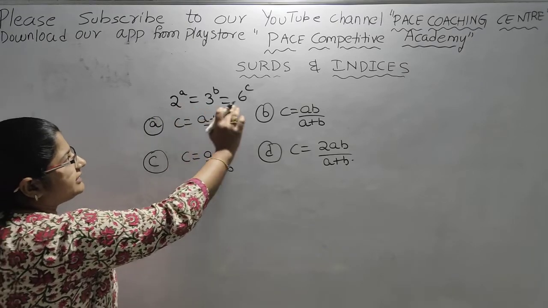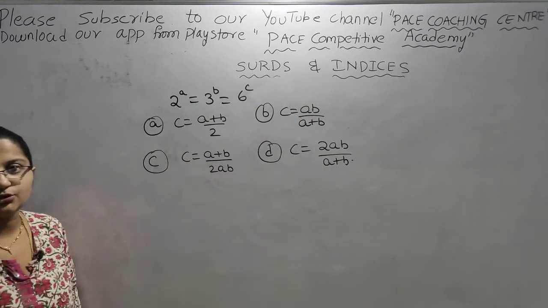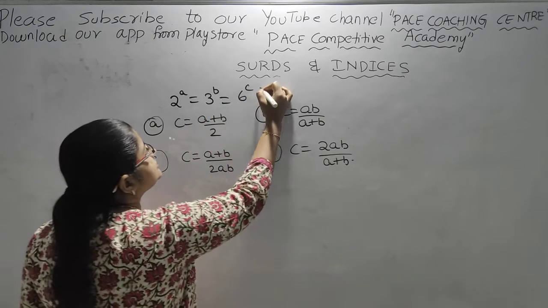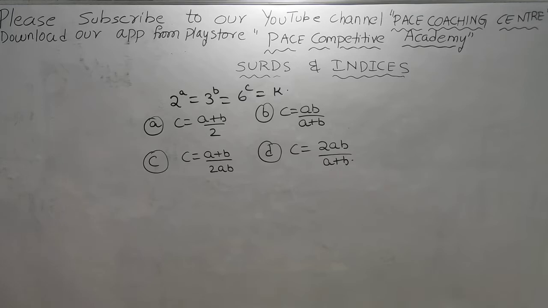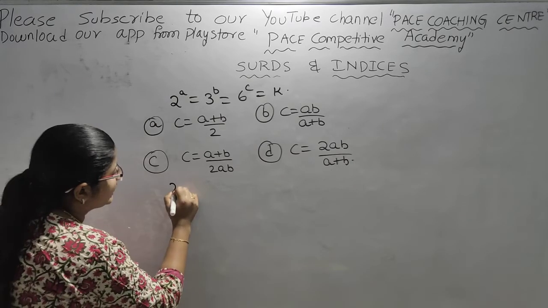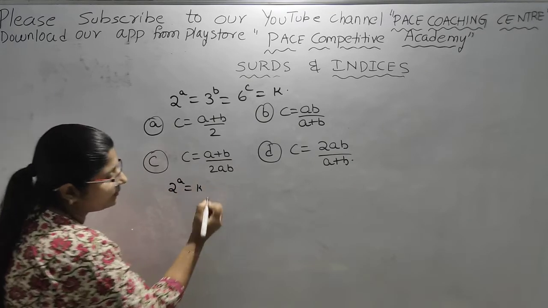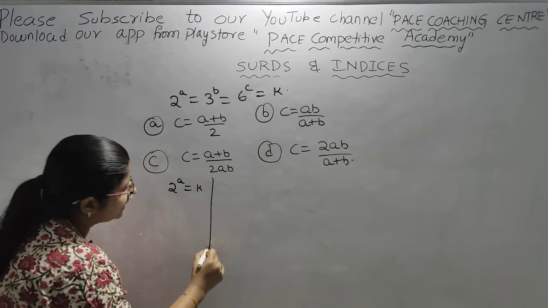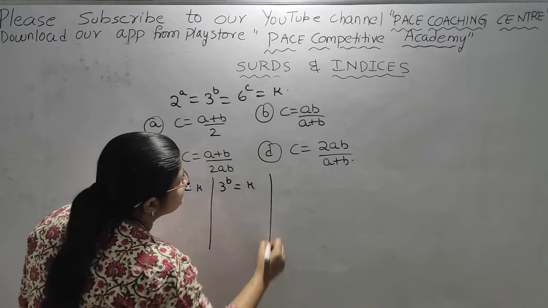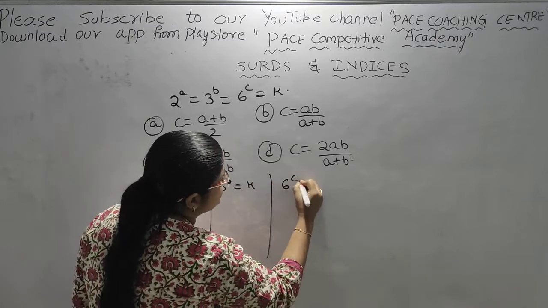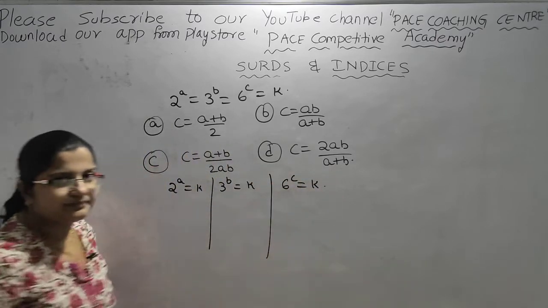If such equal to symbols are given, let us assume this complete equation as some constant k. So can I equate 2 power a equal to k? Can I equate 3 power b equal to k? Similarly, 6 power c is equal to k.